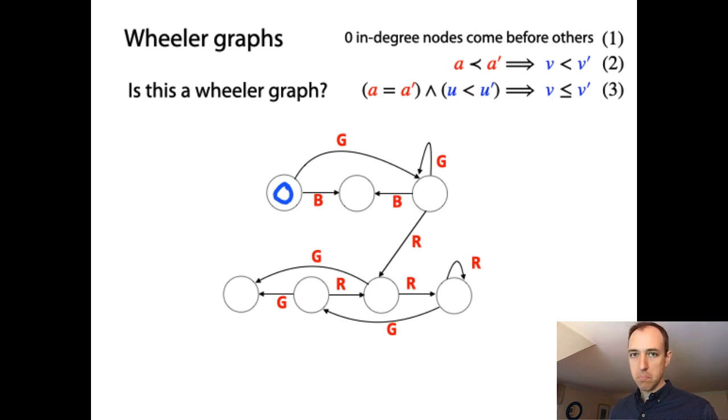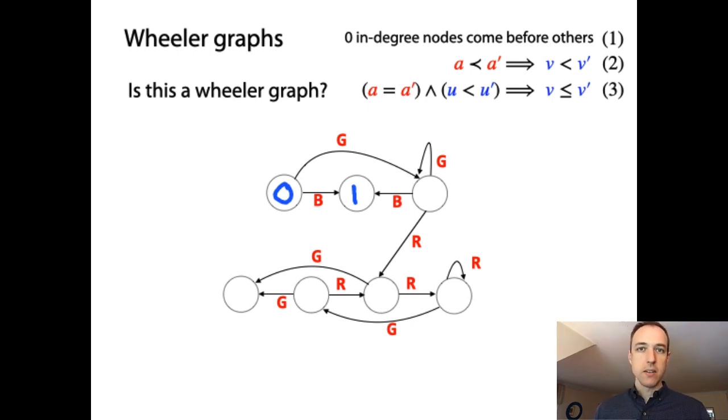So in this case, that's B. Right? So let's just look at this diagram and see, where do the B edges point? Okay, we've got two B edges, and they both point here. So there's only one node pointed to by the B edges, so that must be the one that comes next, because alphabetically, B is the smallest. So, okay, we're going to put a 1 here. We know that's got to be a 1.